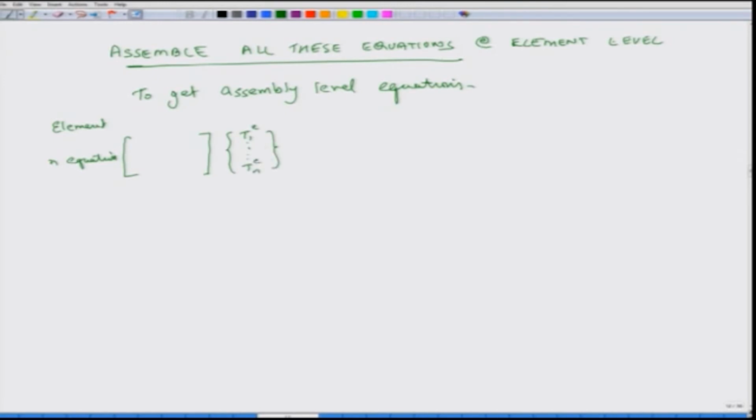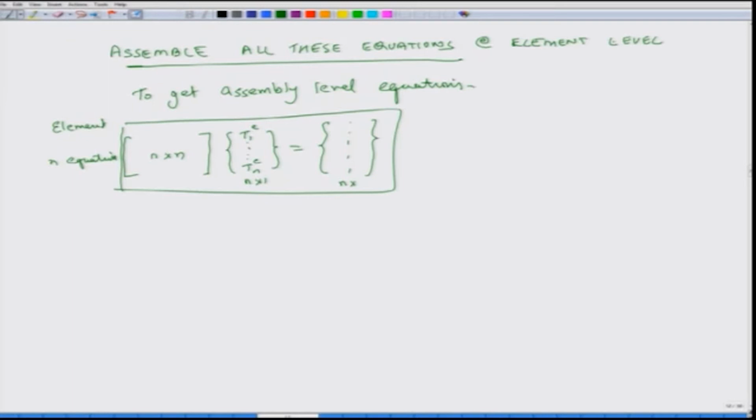And this is for the eth element, right? And there will be some constants here, some vector. So this will be the format of those equations in matrix form. Agreed? This will be an n by n matrix. This will be a column matrix which will have n rows and one column, and this will also have n rows and one column.